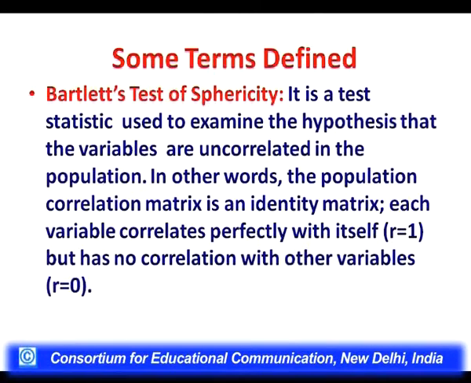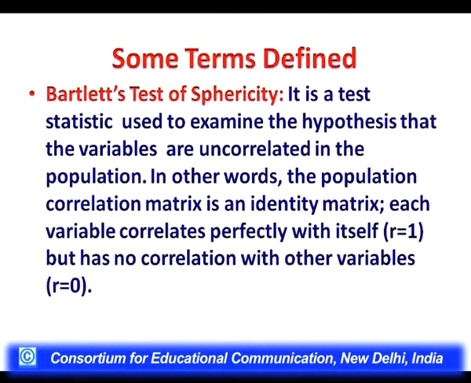Some terms defined now. When we carry out the factor analysis, we come across certain terms which are being explained now. The first one is Bartlett's test of sphericity. It is a test statistic used to examine the hypothesis that the variables are uncorrelated in the population.